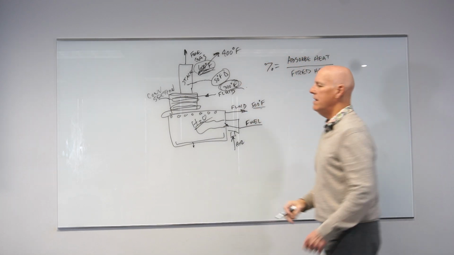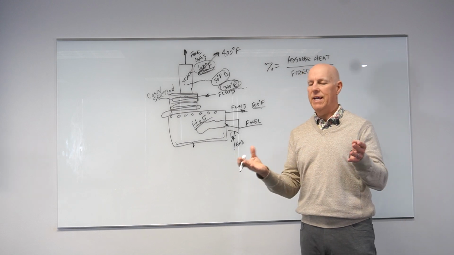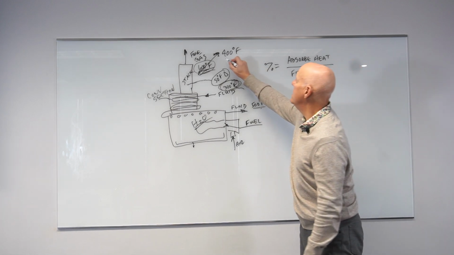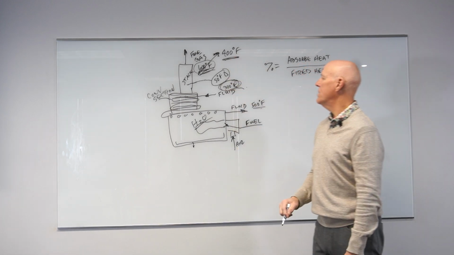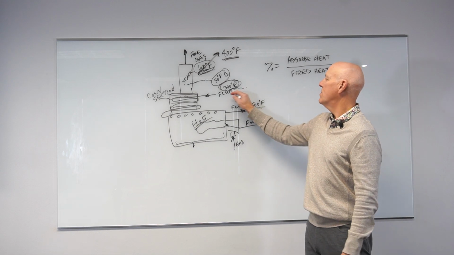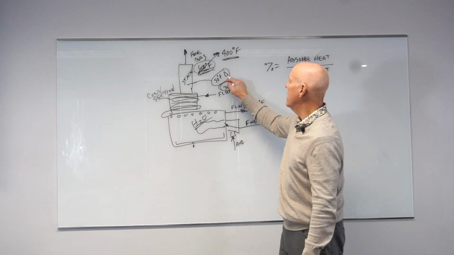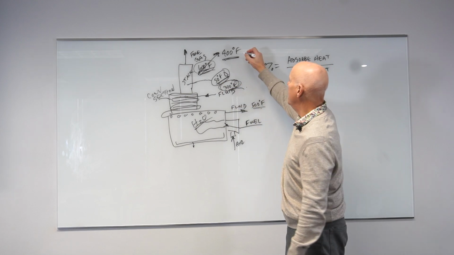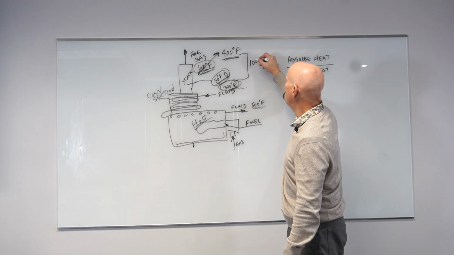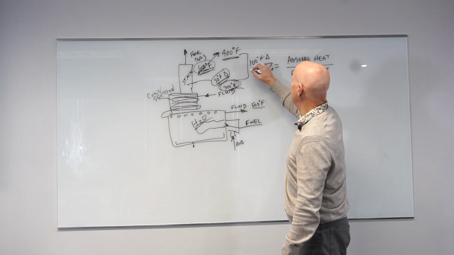So the question is, and I'm going to answer it for you, is this a realistic temperature to get to if I've got 300 degrees coming in? The answer is yes. I said you can't go below 50 degrees delta, and this is 100 degrees delta, and that's good.